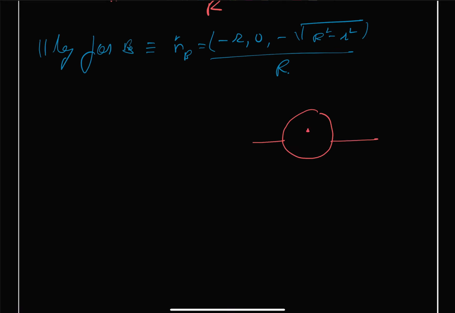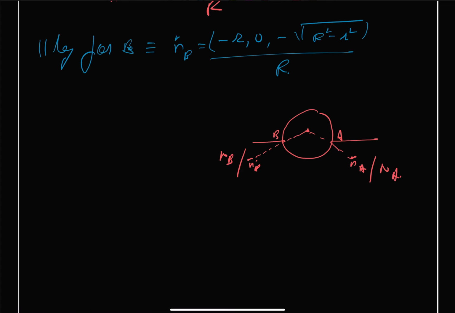This is center O, and this normal will be towards the center O. So this is our A, this is our n unit A, and this is B, and this is our n unit B, and the corresponding normals are NB and NA.